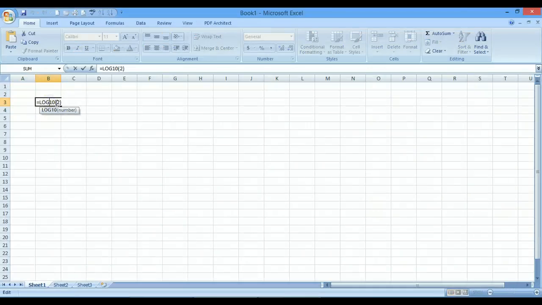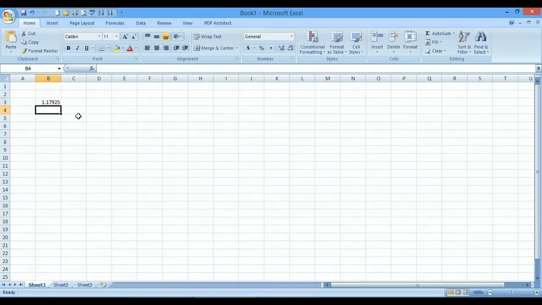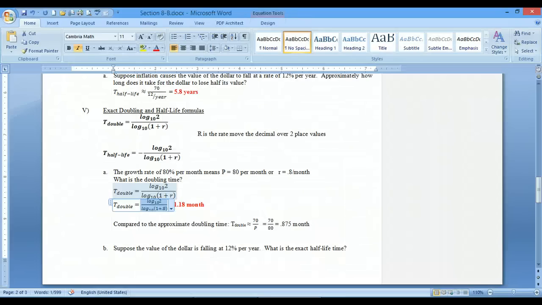So we already did the first part, log base 10 of 2. Let's divide it by, again, log 10 of 1.8. Close parenthesis or press enter because it will recognize that we are finished. And there we go. We got 1.18 months.